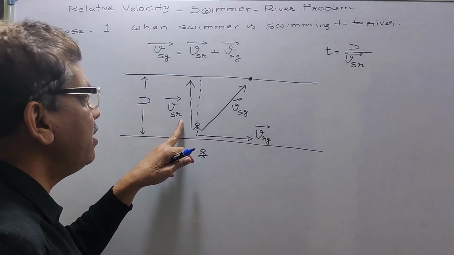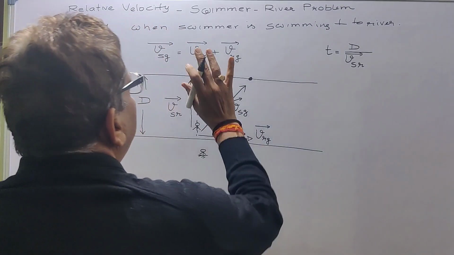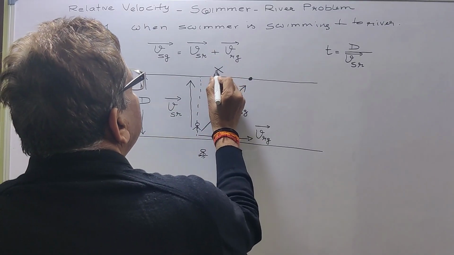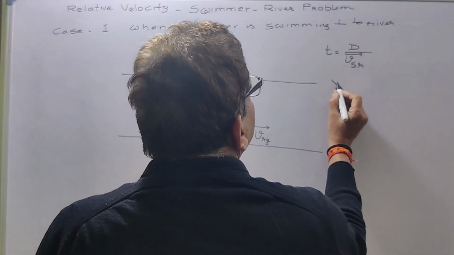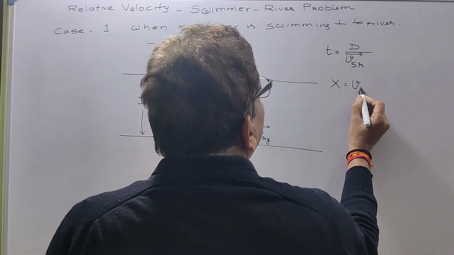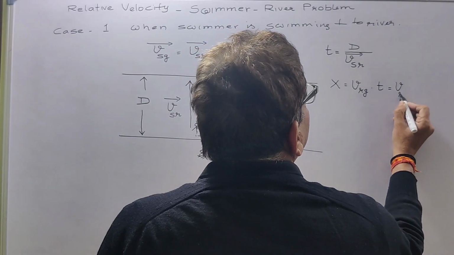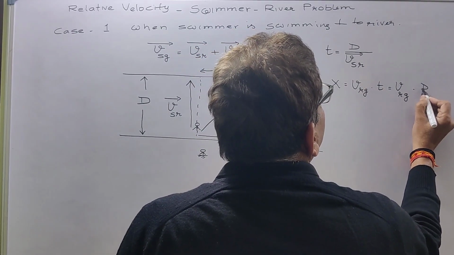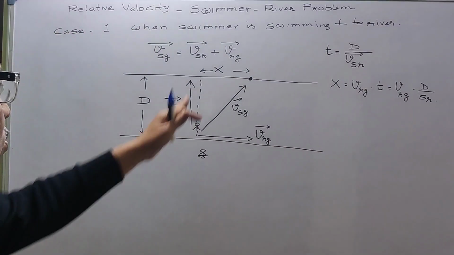So this is VSR. Now I can find out the time, and if x is displacement on opposite bank, I can write down x will be equal to VRG into t, and VRG into t is nothing but it is VRG d by VSR, right? So this way I can find out displacement on the other bank.